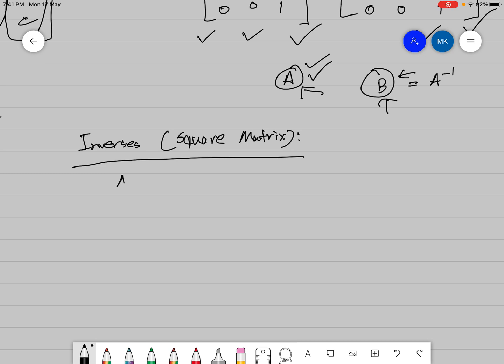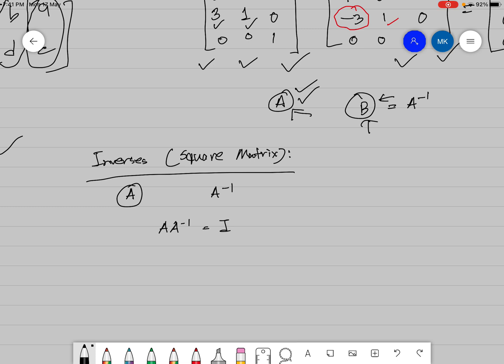If it is invertible, then there is some matrix. So let's say you have a matrix A. If this is square and invertible, then there should be some matrix A inverse that has the following property: A into A inverse equals the identity matrix.